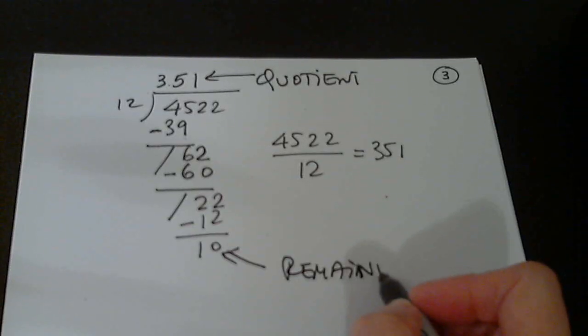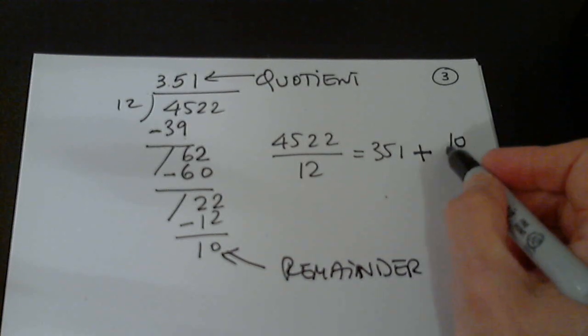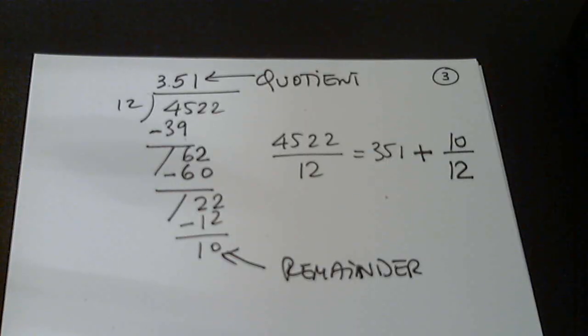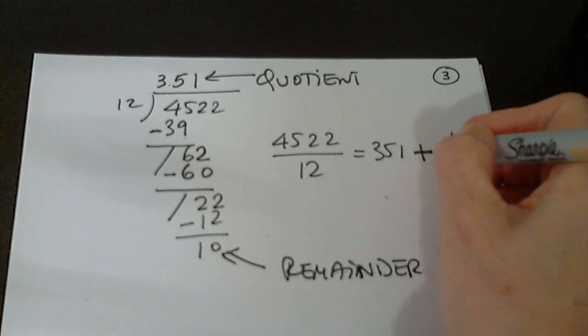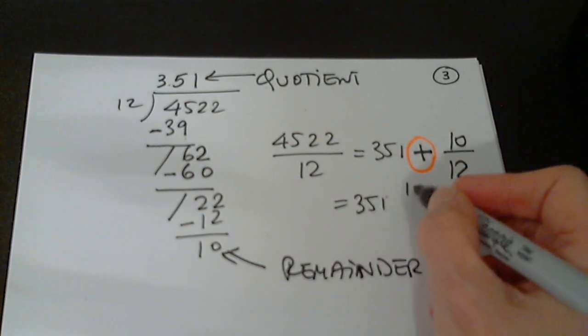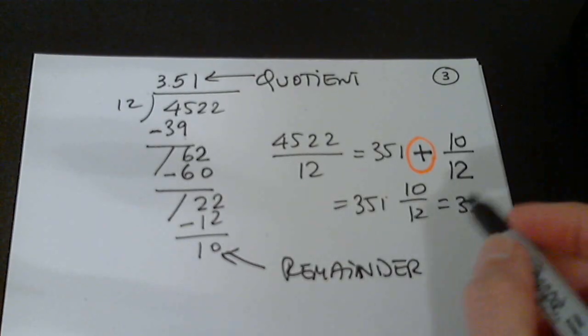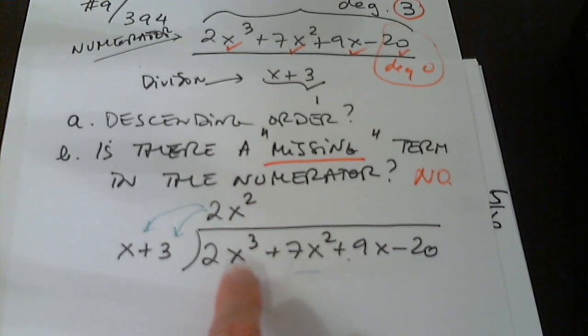Plus the remainder over the divisor. Yes, you will say, I disagree, and I will have to agree with you. We do not write this plus when it comes to numbers. We simply write 351 and 10 over 12, and we'll simplify it to 5/6, and we get 351 integers and 5/6. But this is mandatory when it comes to polynomials.